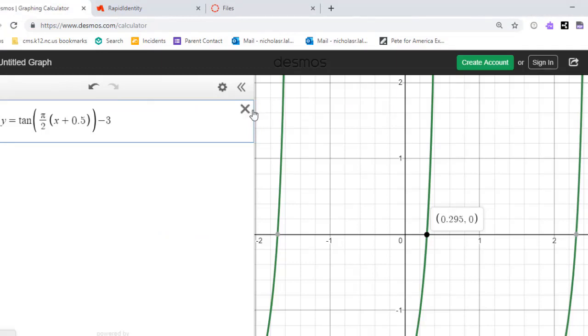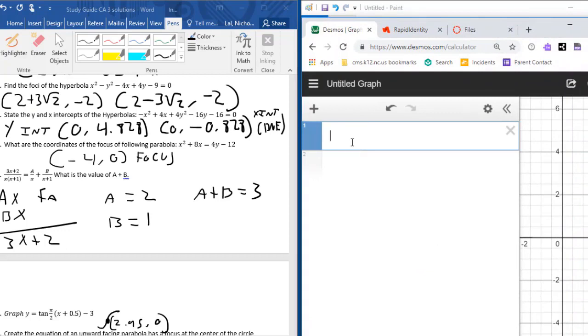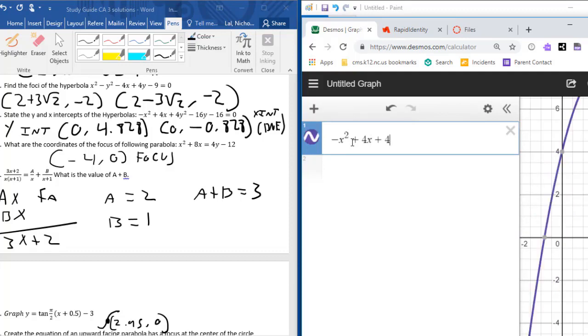and when we take out our graphing calculator, we actually plug in our hyperbola in the messy form that's presented: negative x squared plus 4x plus 4y squared minus 16y minus 16 equals 0.